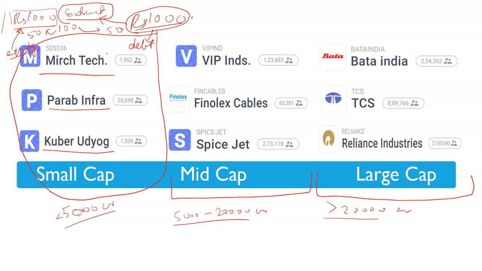Here we are more concerned with this equity money. If the company is in need of more equity money, it will sell part of its stake to have that money and to run its business in a more profitable way.